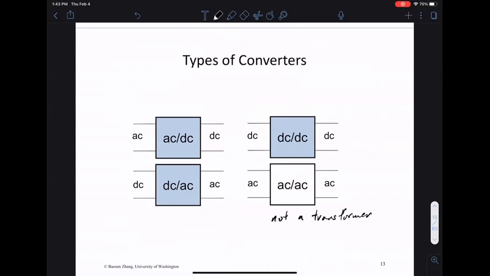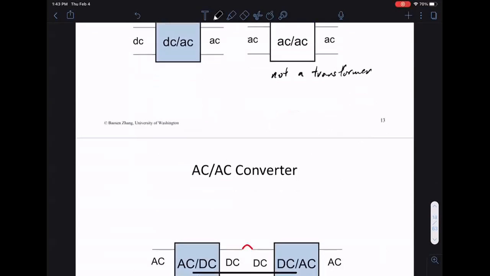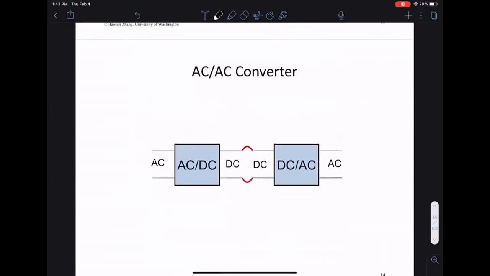A transformer is an AC-AC converter that converts AC waves to AC waves by changing the voltage. So when we say AC-AC, we don't mean a traditional transformer. What we mean is really 2 converters back to back, a sort of chain converter.